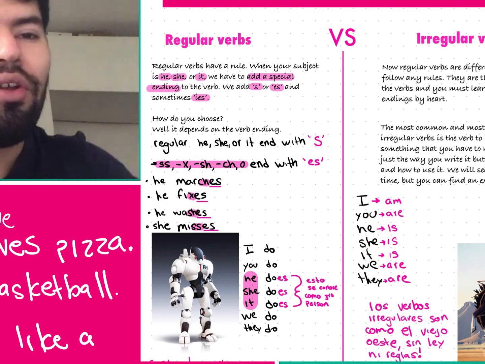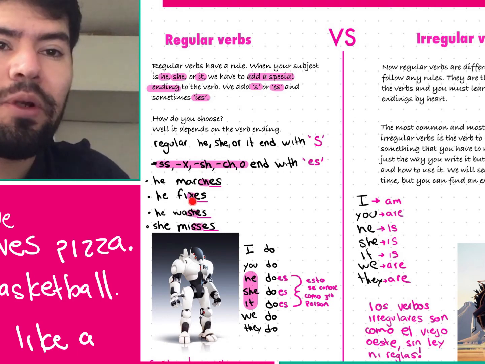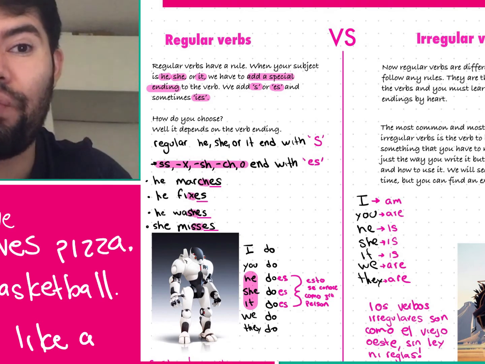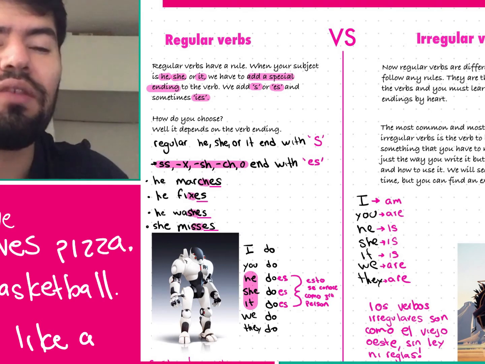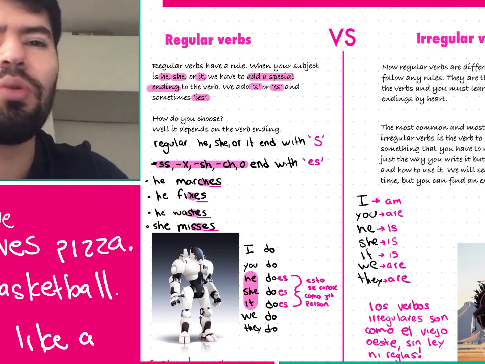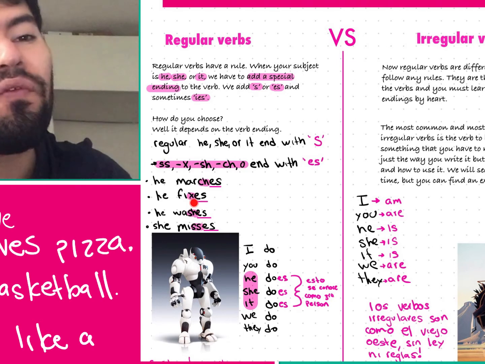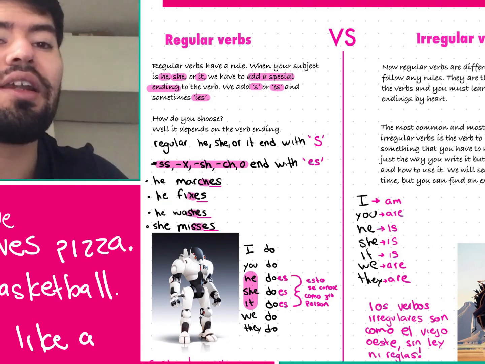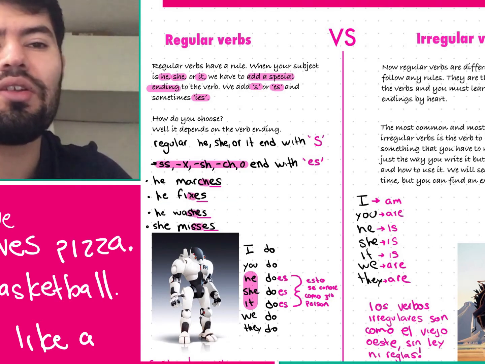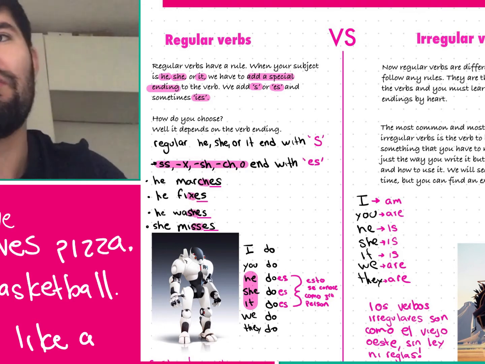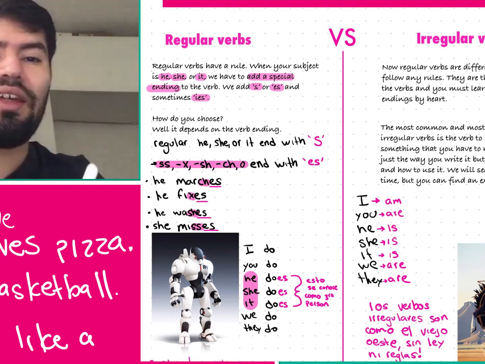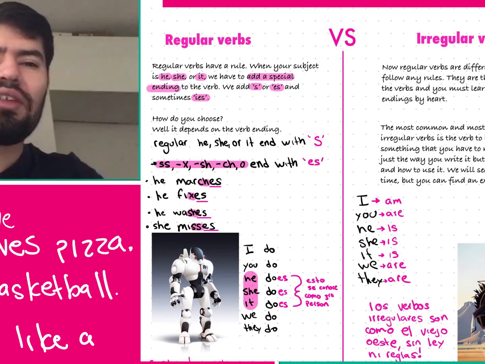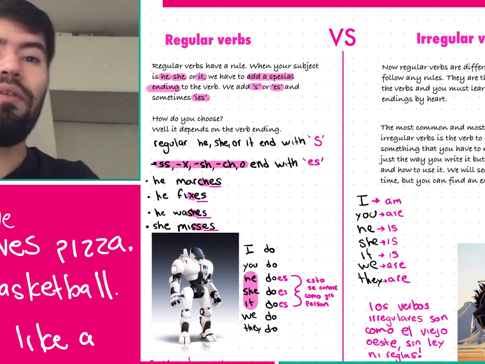The ending of the verb is an X. So, fix it Felix fixes. It's a tongue twister. Fix es arregla, entonces él arregla, he fixes something. I didn't continue the sentence, but you could say he fixes cars, he fixes leaky faucets, he fixes relationships. I don't know, maybe.